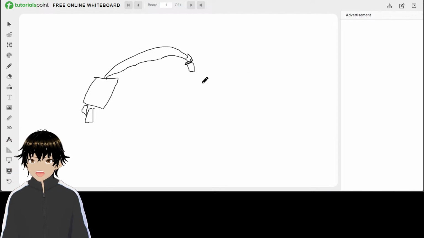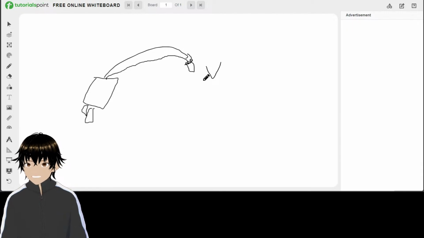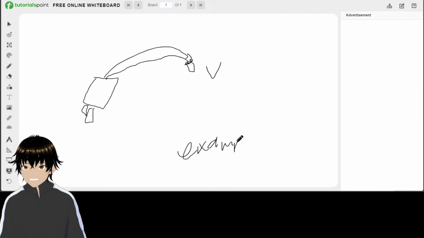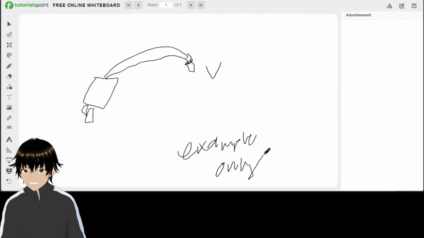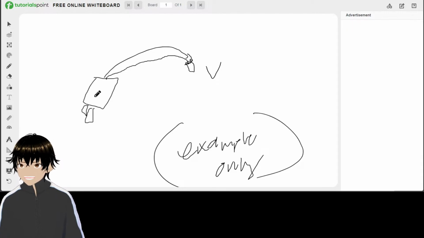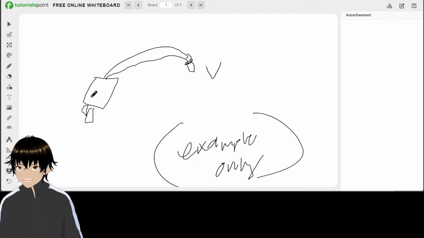We can imagine voltage starting here. This is just an example, of course. We could say that the electrons are coming here. This is the battery.